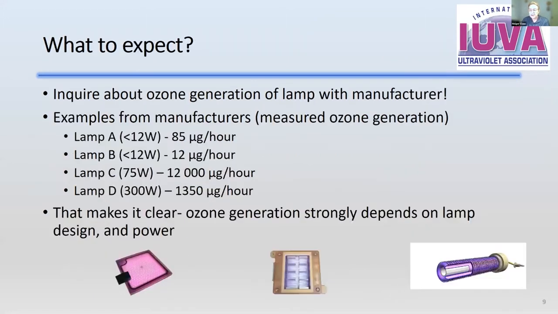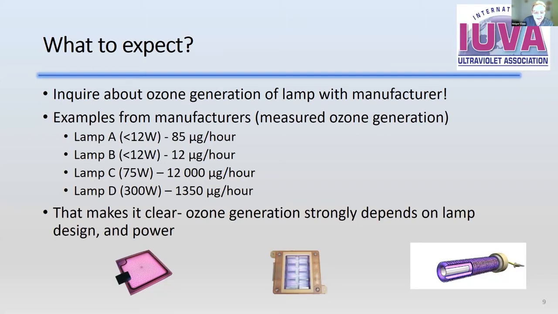We compared a few data that we could get from various lamp manufacturers of various lamps. And as you can see, the values vary quite a bit. One lamp created 85 micrograms per hour, which is a very small value. Another one, 12 micrograms.